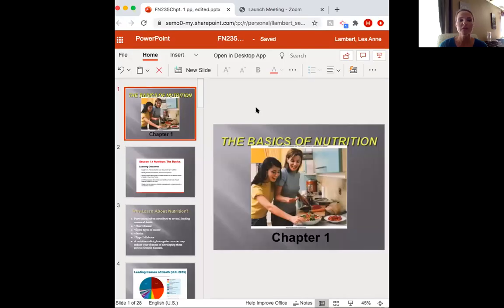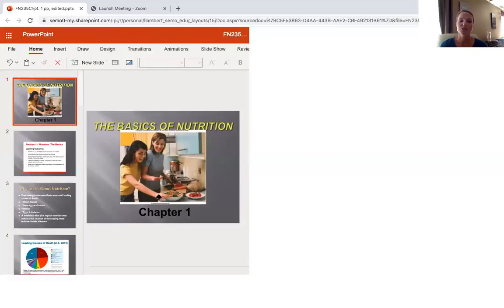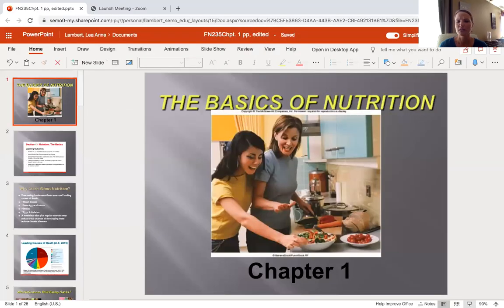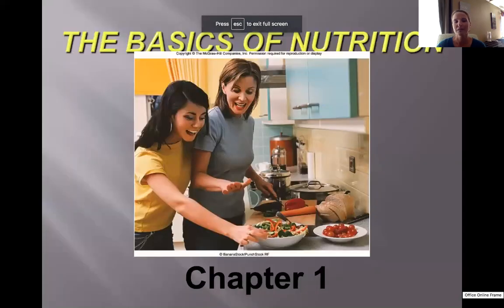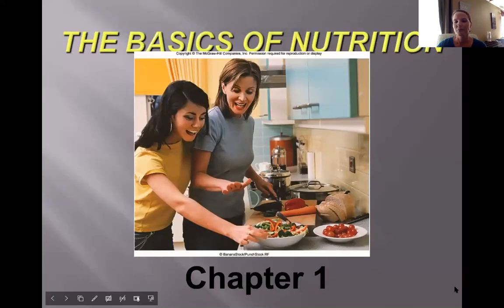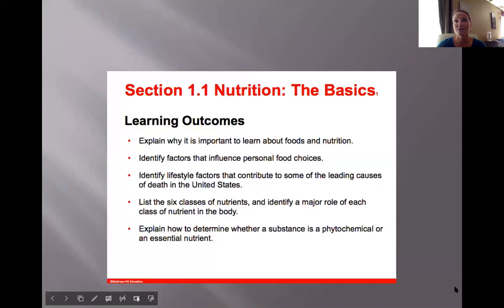Okay, so in chapter one, we are talking about just some of the basics of nutrition and what nutrition means and what it looks like in terms of our everyday life. So we'll talk a little bit about some of the nutrition basics.